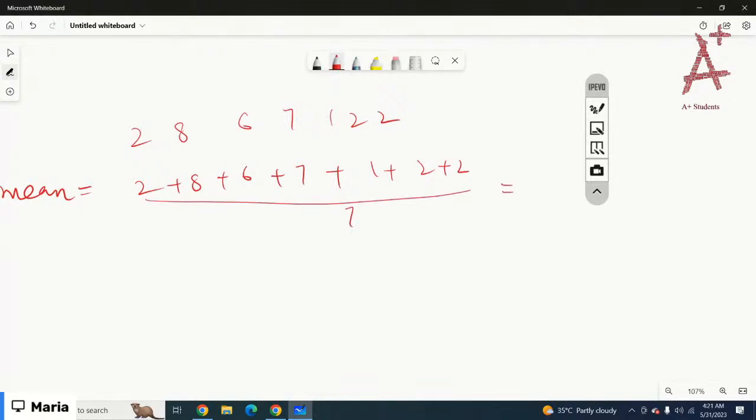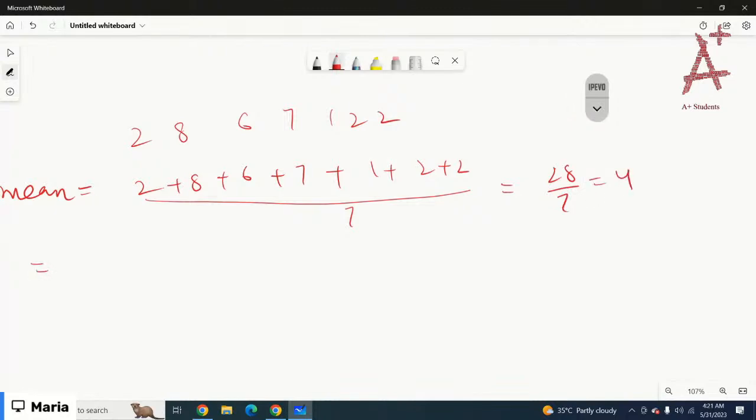Let me just add them. It would be 28 over 7. That would be 4.